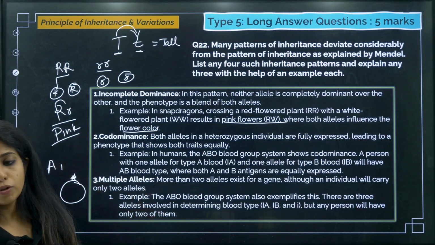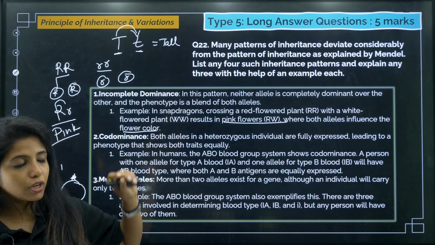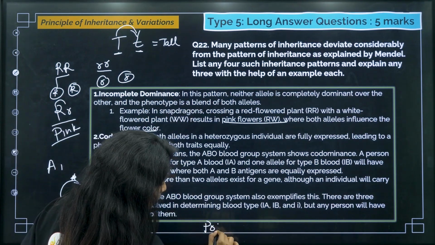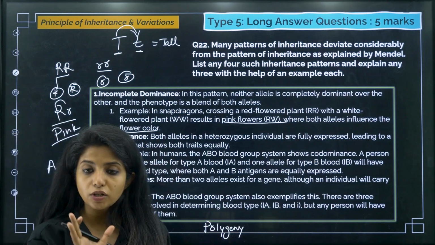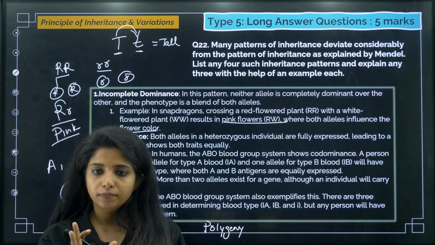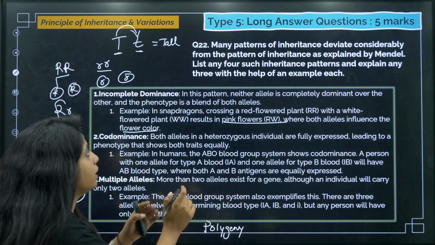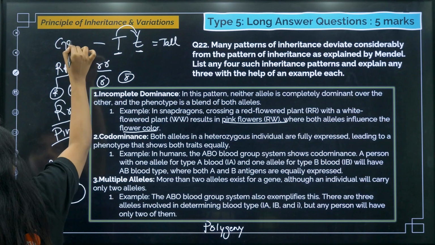Now multiple alleles is also one such example. You are asked for 4 things. You are asked to list any 4 such characters. So the fourth one is polygeny. You have already learned that there is only one gene for height, with different alleles, one allele for tall, one for short.